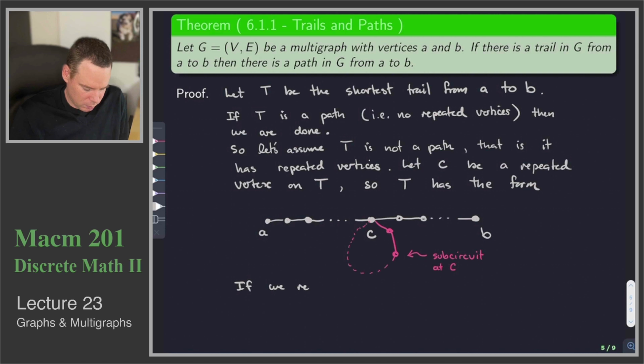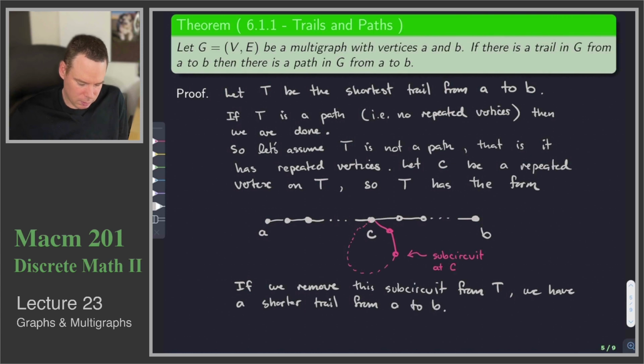If we remove this sub-circuit from T, we have a shorter trail from A to B. But this is a contradiction because T was supposed to be the shortest. But this contradicts T being the shortest trail.